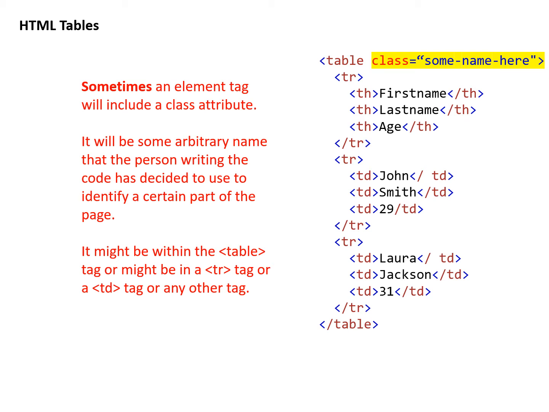Now, that class is usually there so that when the page is rendered in the browser, a lot of times we have style settings using CSS, which is cascading style sheets, and you may not be familiar with that.